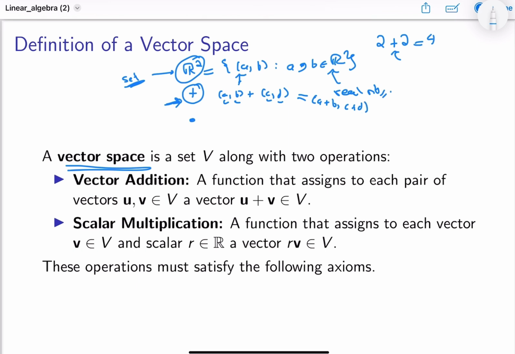This is the notion of vector addition. We want to define what it means to add two vectors.